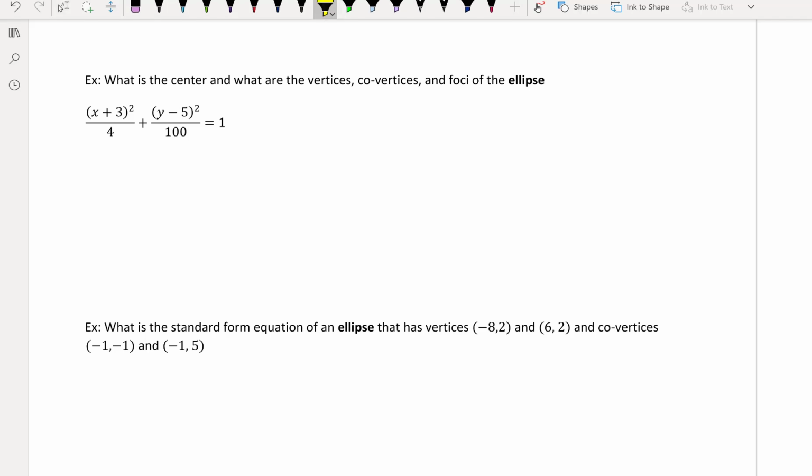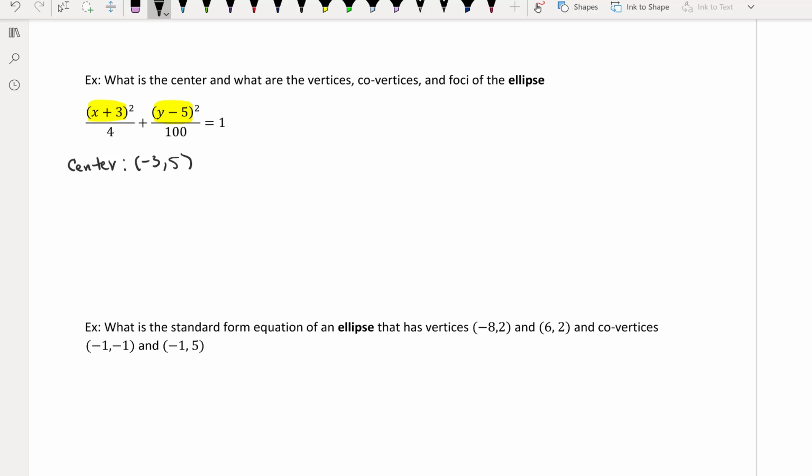So let's start at the center. The center is going to start here, what's being added and subtracted by, okay? So here, my center is going to be -3, 5. So I have my h value and my k value.